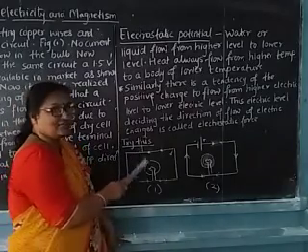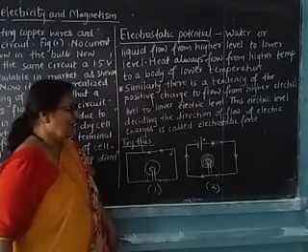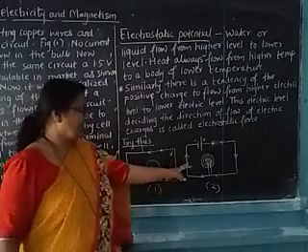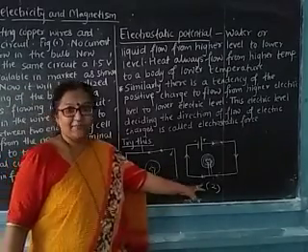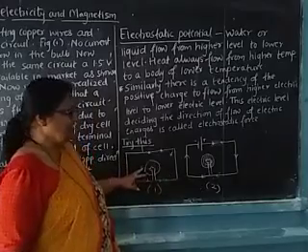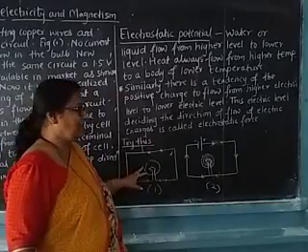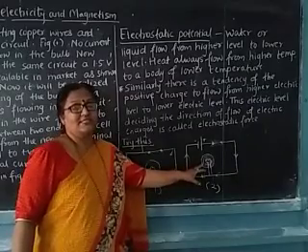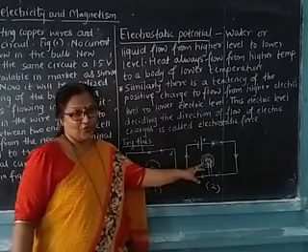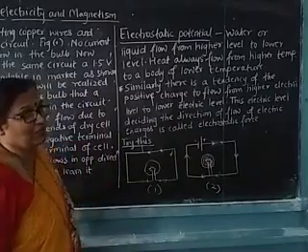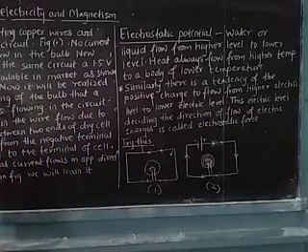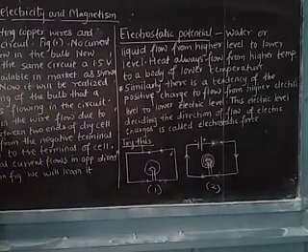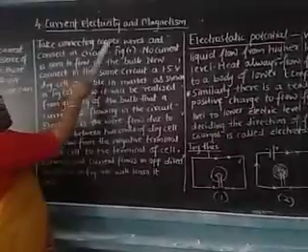Now, next, in Try This, you are given two figures, figure number 1 and figure number 2. In the first figure you see that the bulb is not glowing, but in the second figure you see that the bulb is glowing. What is this process that we are going to see? See here, take connecting copper wires.